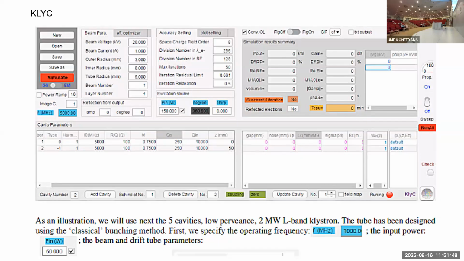Beam number, you can multiply, because every beam is the same. I'm not sure, but at the end they are multiplying all of them. I think so. And layer number, put 1. This is the frequency. In this example, it's about 5 gigahertz.